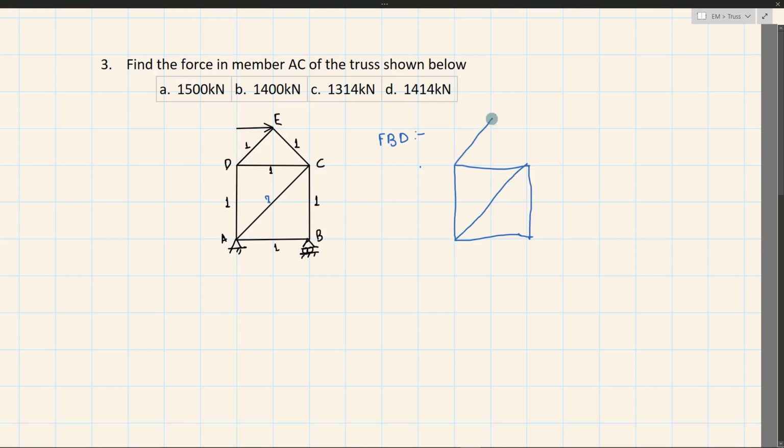So I can apply all the formulas of the static equilibrium. If this is the body, I have an external force of 1000 kilonewton, the angle is 60 degree, right? At the fixed joint, I'll have a vertical force, I'll name it AY, and a horizontal force AX.